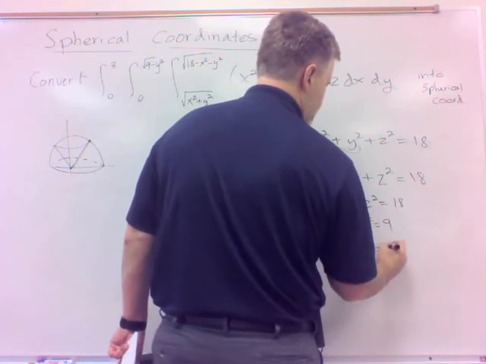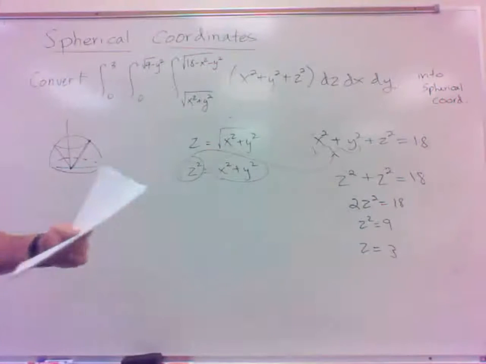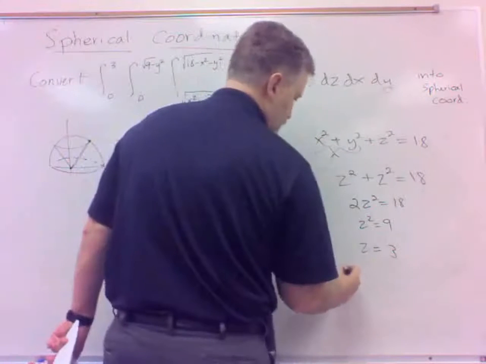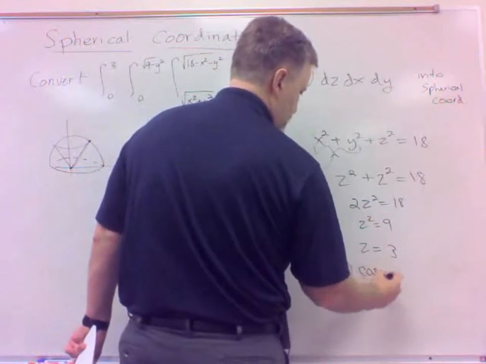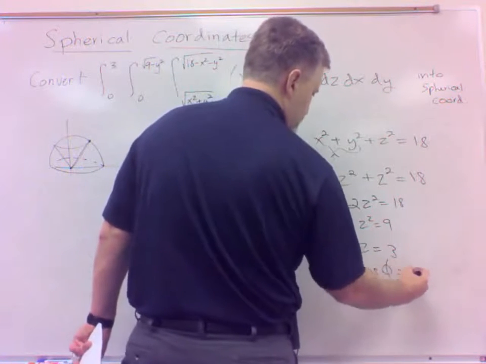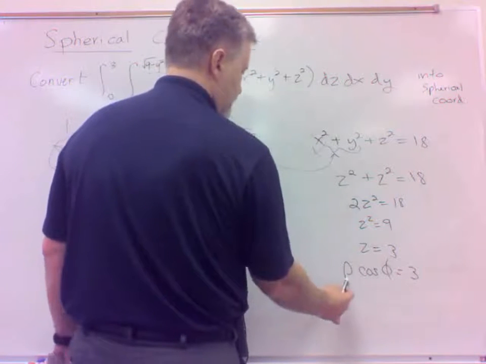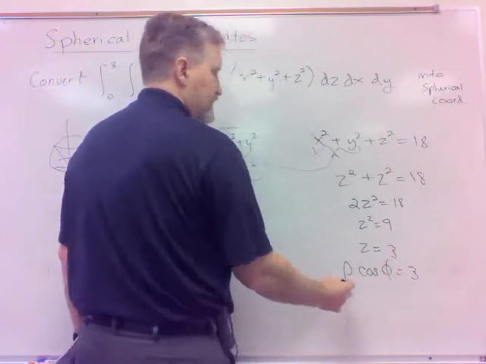So z equals 3. What that helps me with is that z is rho times the cosine of phi, and I know that rho is square root of 18.